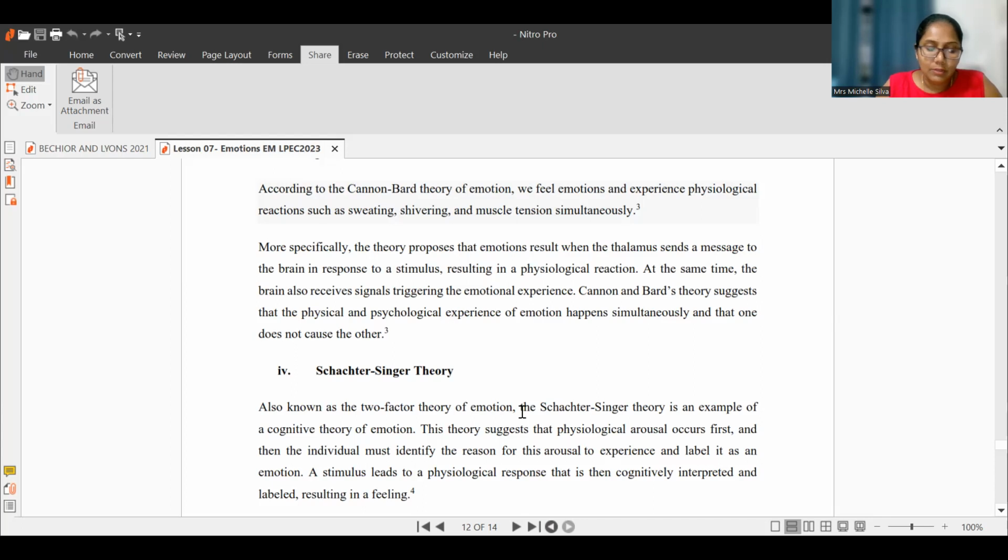Once the incident has occurred, the physical change and the interpretation of the emotion happen together. Not one after the other.